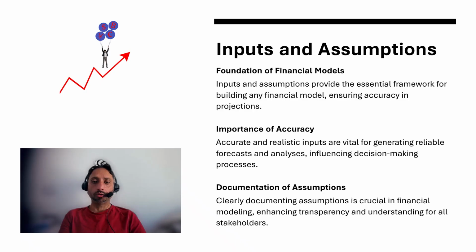Then, the importance of accuracy: whatever you are using as an input has to be accurate. If you are saying that you are going to make smoothies with strawberries and kiwi, then it has to be strawberries and kiwi.